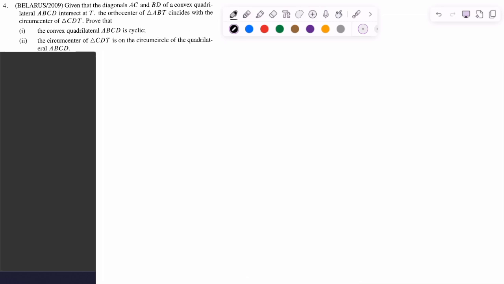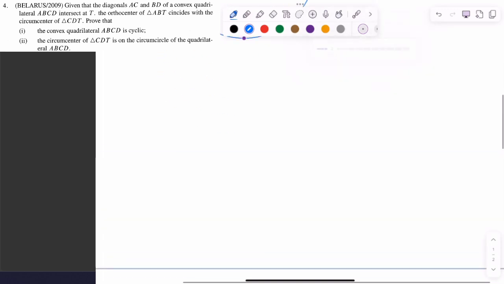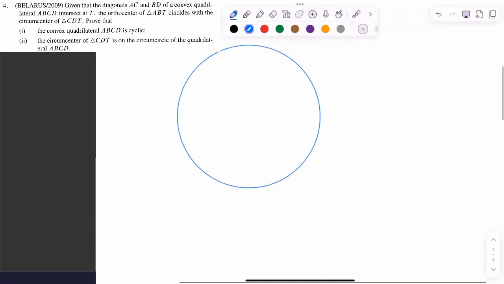First, we draw a quadrilateral ABCD. Let's draw the circle first, since you want to prove that it's cyclic. It is cyclic, right? Oopsies. Let's just draw any ABCD.